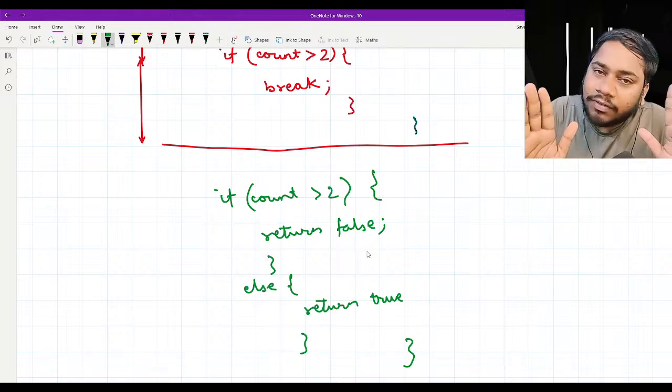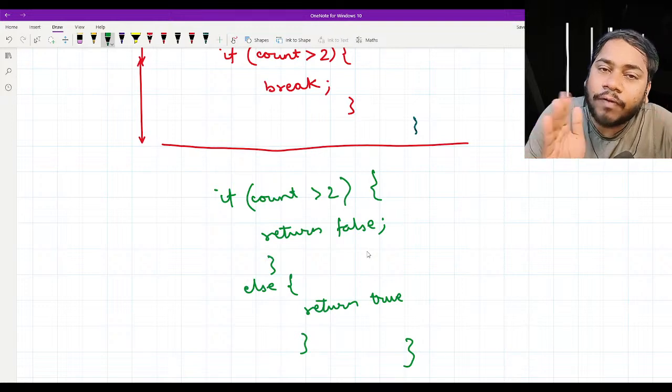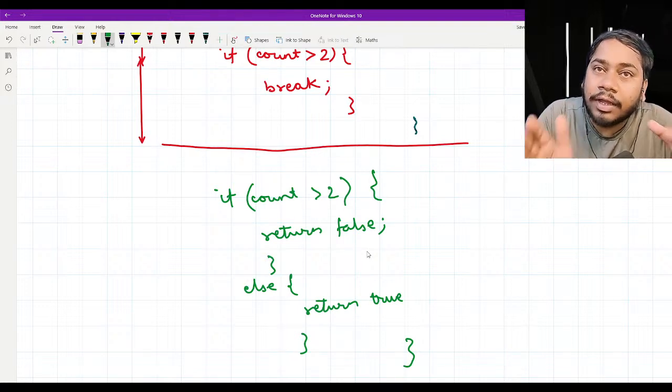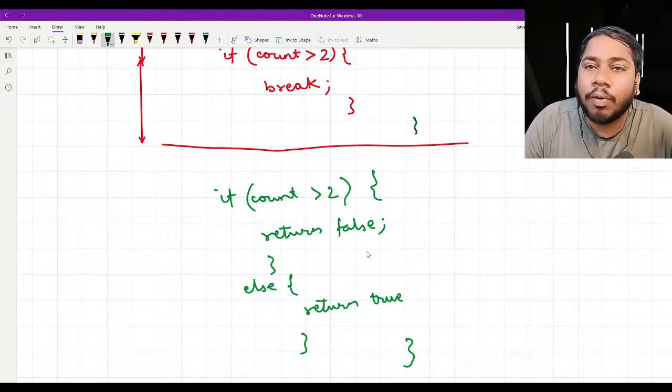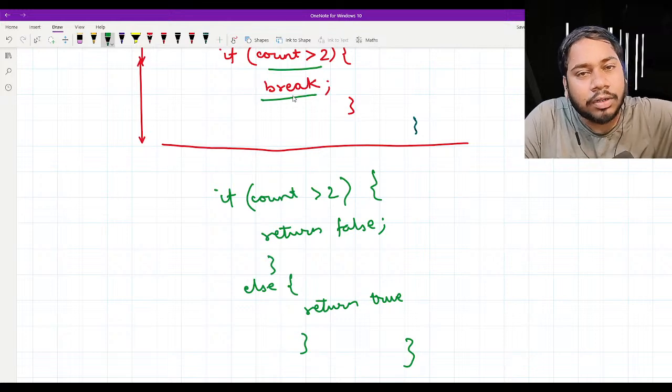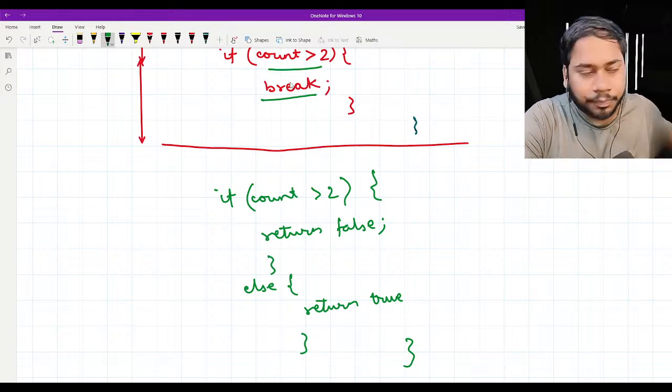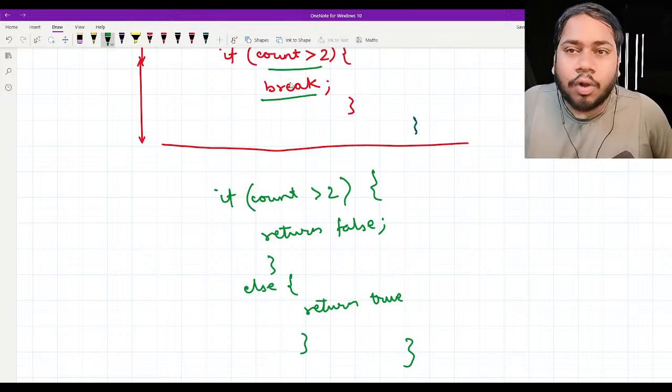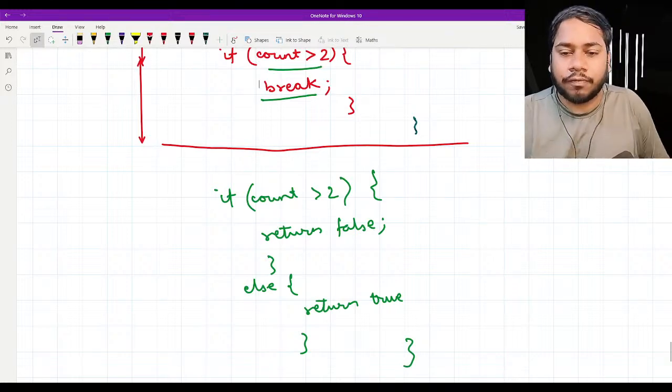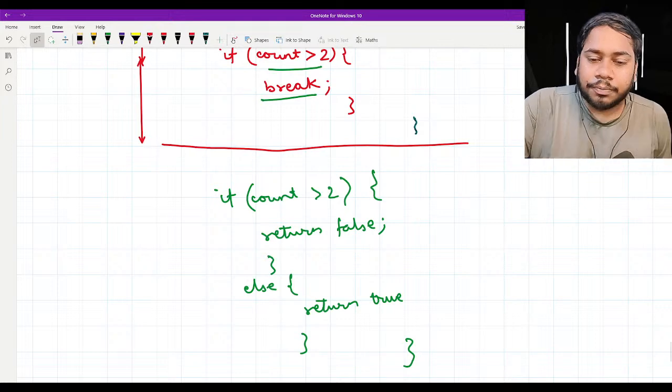Once that is done, that optimization of getting the count of factors we have used here in checking whether a number is prime or not. And again, we don't have to run the for loop the whole time. We can break it in between. If we got that the count is greater than 2, then we already understood. We already got the solution.